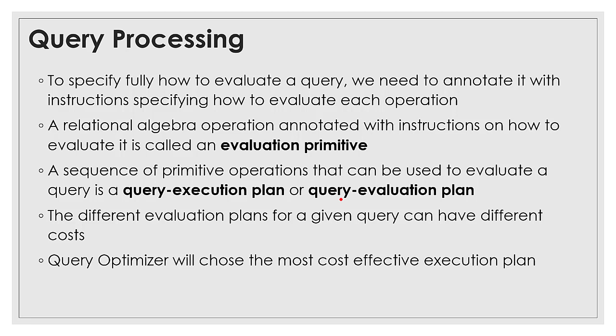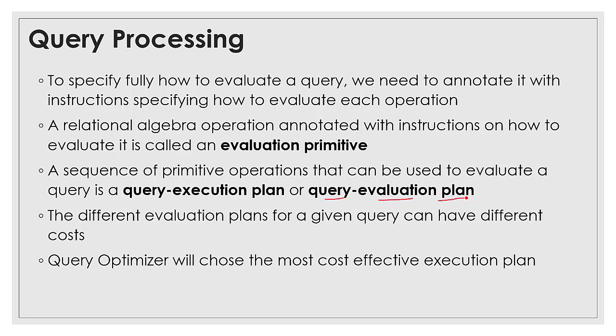A sequence of primitive operations that can be used to evaluate a query is a query execution plan or query evaluation plan. Different evaluation plans for a given query can give different costs. So the parser and translator actually gives you multiple query evaluation plans.